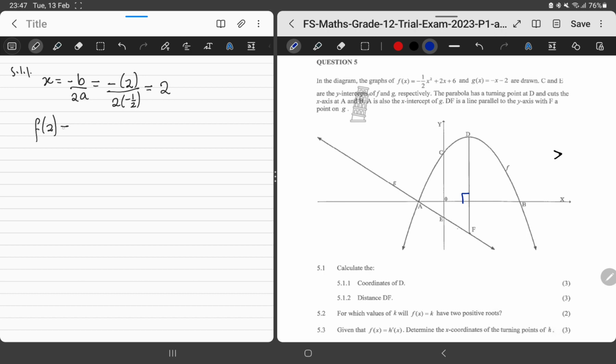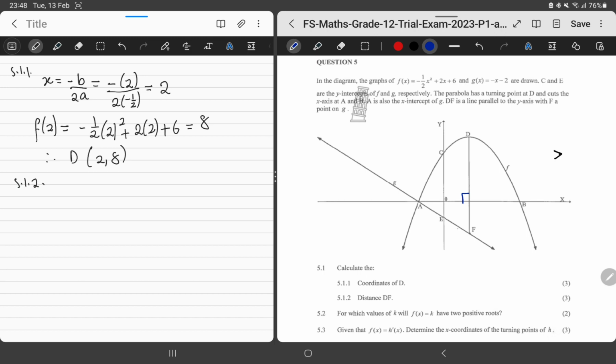Then f of 2 should be equal to negative 1 over 2 times 2 squared plus 2 times 2 plus 6. This is equal to 8. So the coordinates of D should be (2; 8).